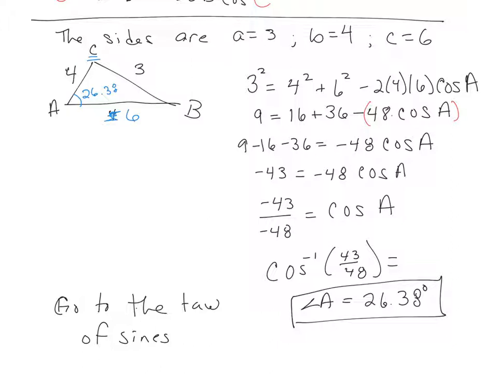So to set up that ratio, all I need to do is say that the sine of 26.38 degrees over 3 is equal to the sine of B over 4. That will be one ratio.